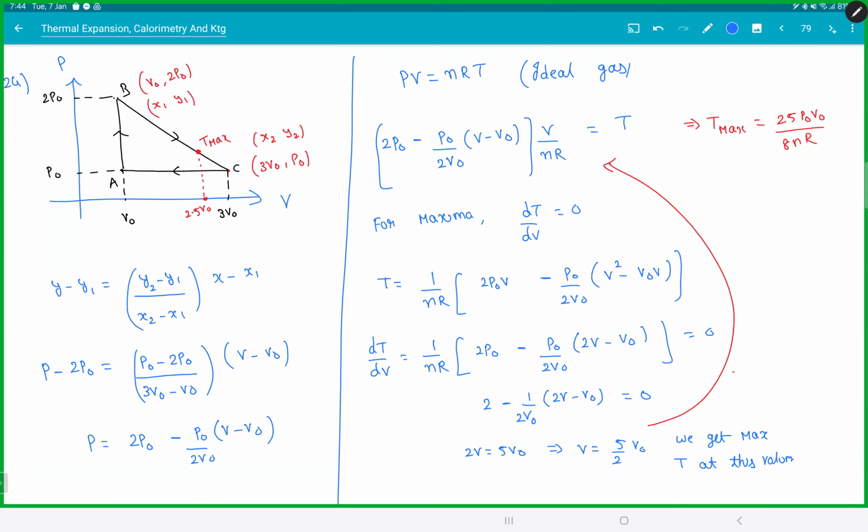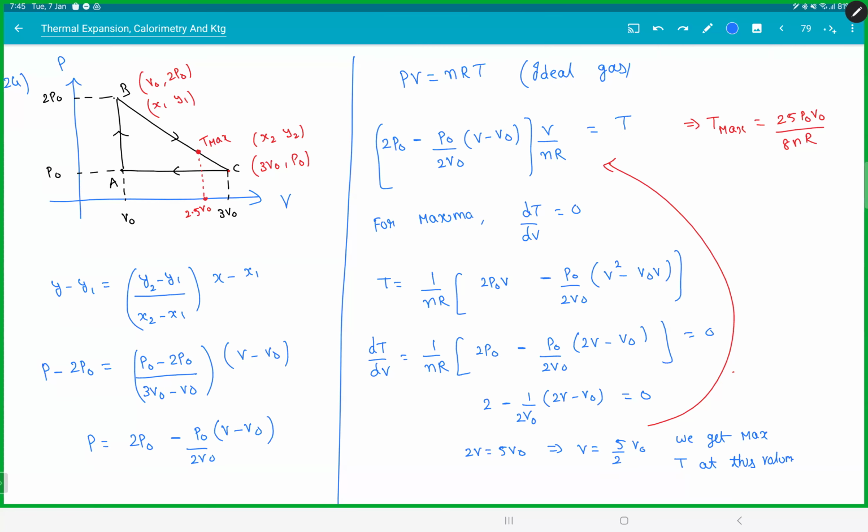The main thing you need to figure out, because it's a straight line, is to find the equation. I know the ideal gas equation there. I know 2 equations. Eliminate pressure, I get T in terms of V, then it becomes maximum minimum. It's a lengthy equation. Clear? So there's no symmetry. This is how you do it. If it had been 2V0, your life would have been easy. Any doubts on this? Clear, na, Ansh? Got this?